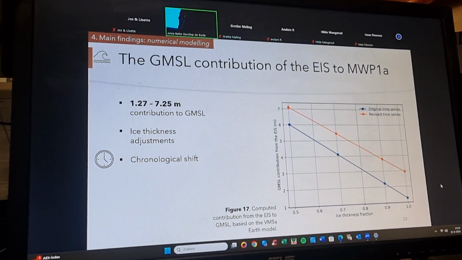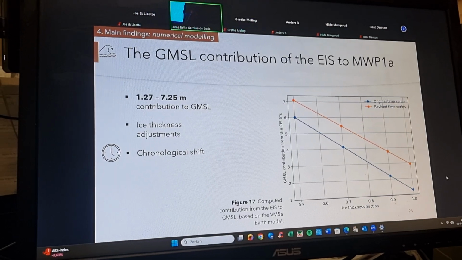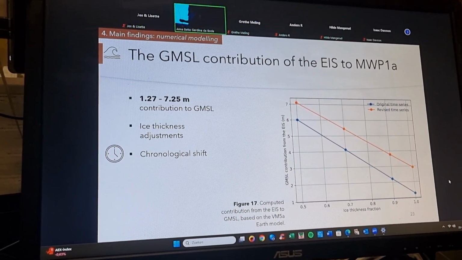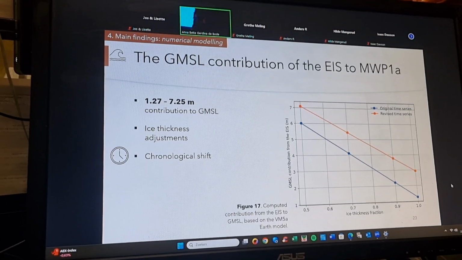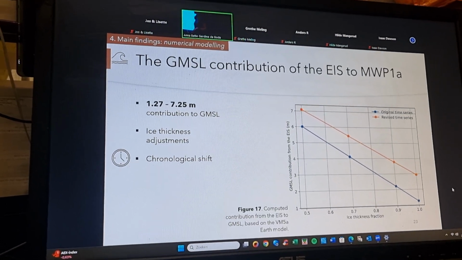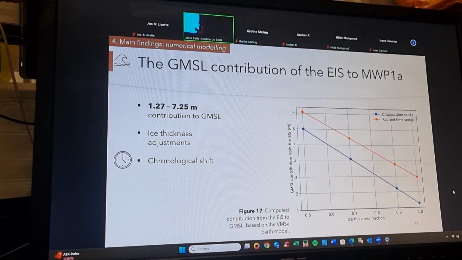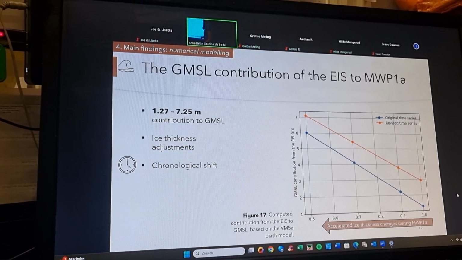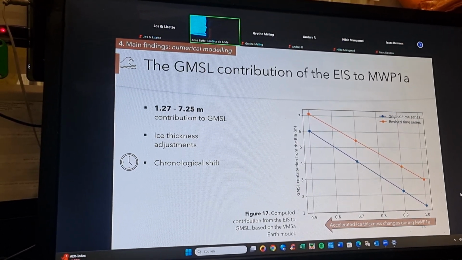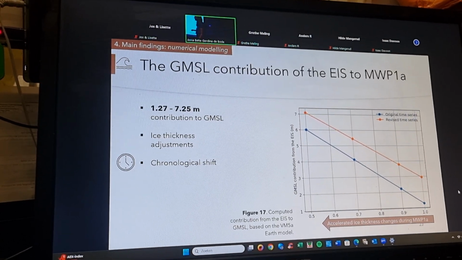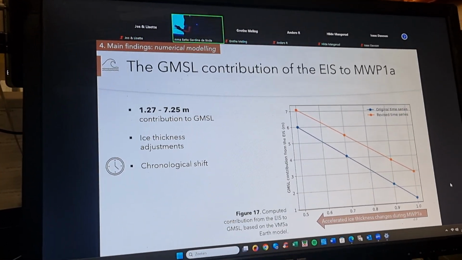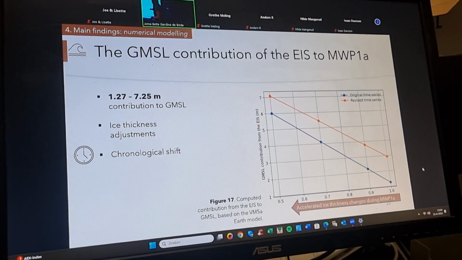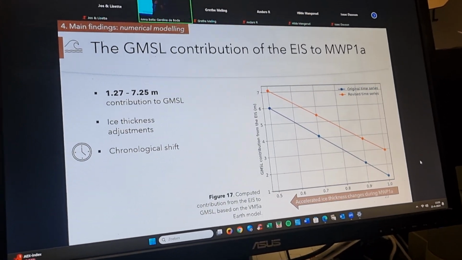Then I wanted to know which runs give a higher contribution and which ones give a lower contribution. So I take a look at all of the different runs and I try to show it in this plot. What you can see here is that with accelerated ice thickness changes, so this is basically when I change the ice thickness more and more during meltwater pulse 1A, I get a higher contribution from the Eurasian ice sheets to meltwater pulse 1A.